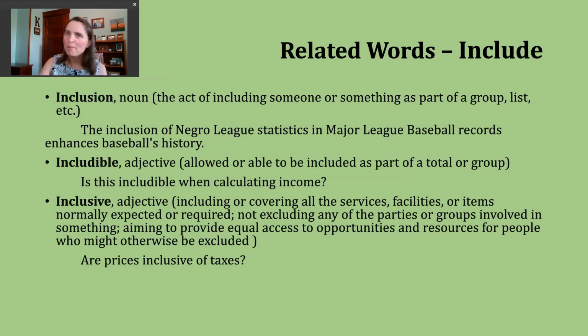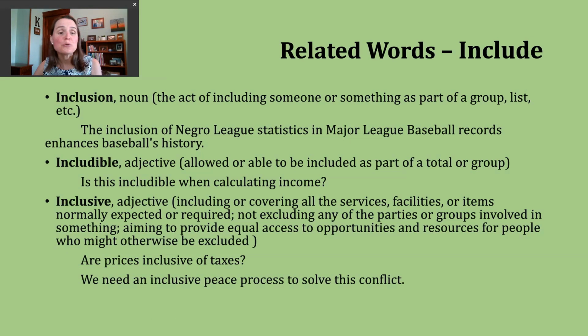So again, I'm going to go back to my example of prices. Are prices inclusive of taxes, right? We want to know, have the taxes been added in? Is it covering everything?